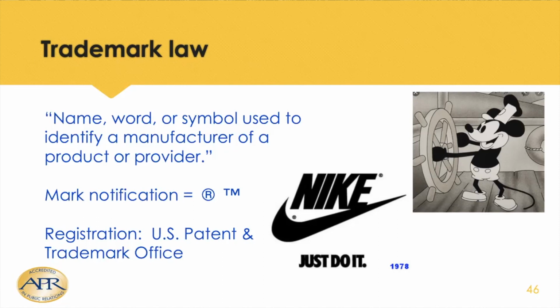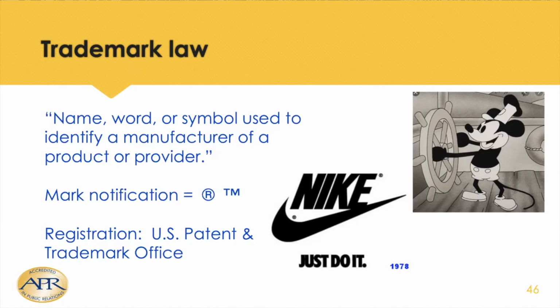All right. And we can register, similar to copyright law, where we can just put a copyright symbol on our work and not register it. We can do that with trademark law. You'll see this with different companies. If a logo has a TM after it, it means the company is putting you on notice that this is a trademark. They created it, they're claiming it, but they haven't registered it.